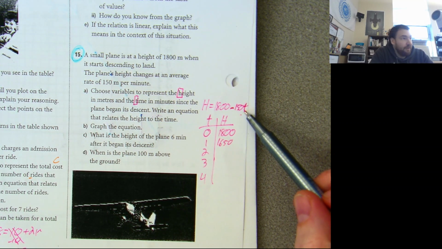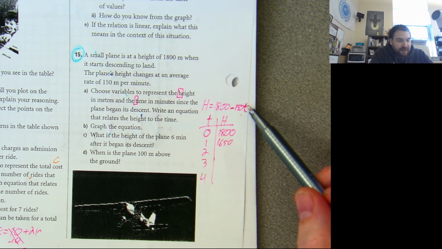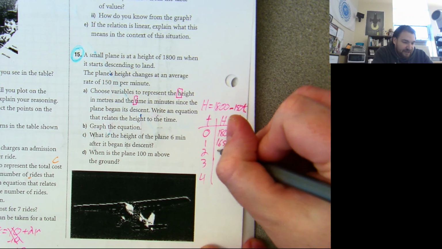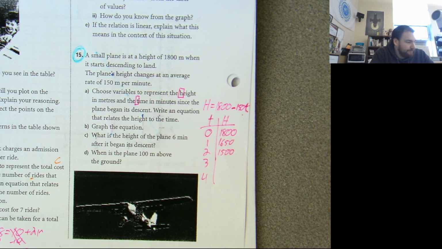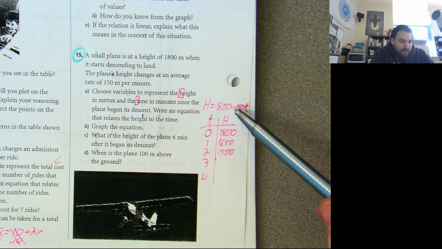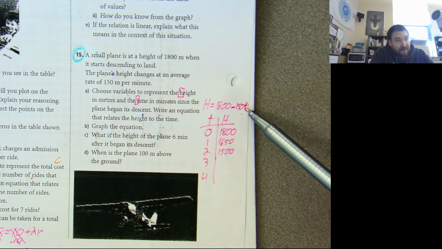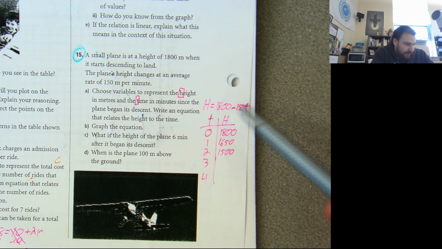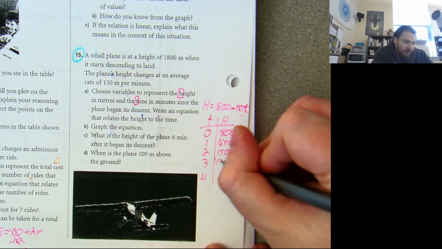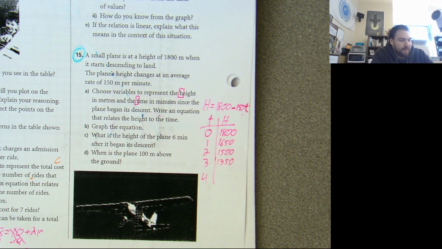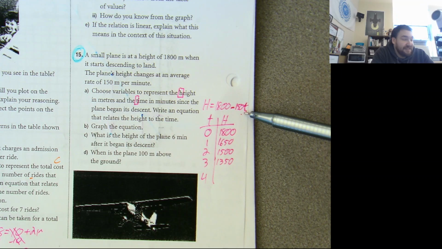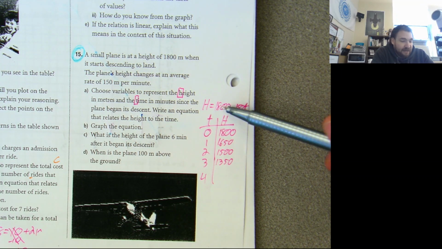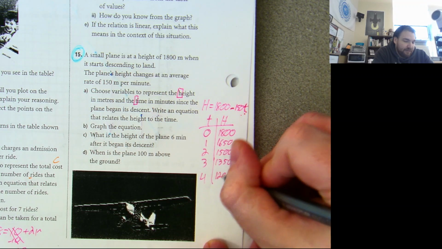If I plug 2 in here, 150 times 2 is 300. 1,800 minus 300 is 1,500. If I plug 3 in here, 150 times 3 is 450. 1,800 minus 450 is 1,350. If I plug 4 in here, that's going to be 600. 1,800 minus 600 is 1,200.